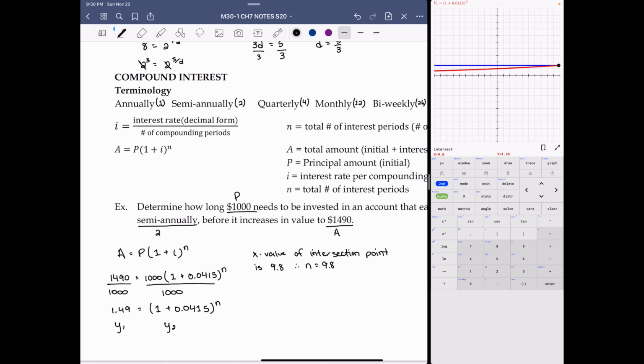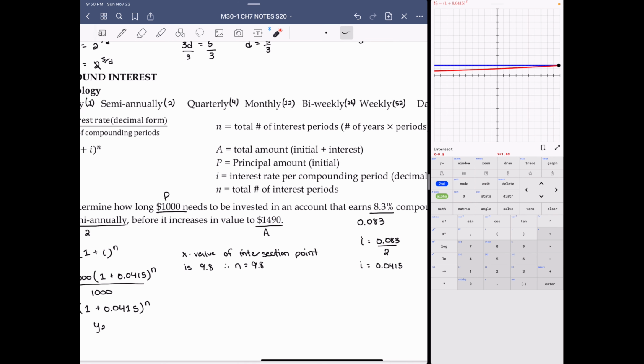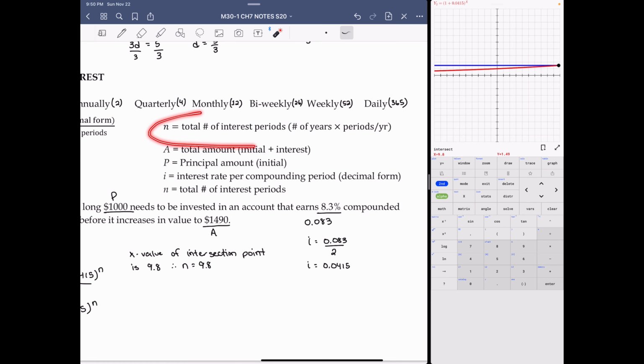And if we look back to our definitions, n is the total number of interest periods, which is the number of years times the periods per year. n equals number of years times number of compounding periods per year.